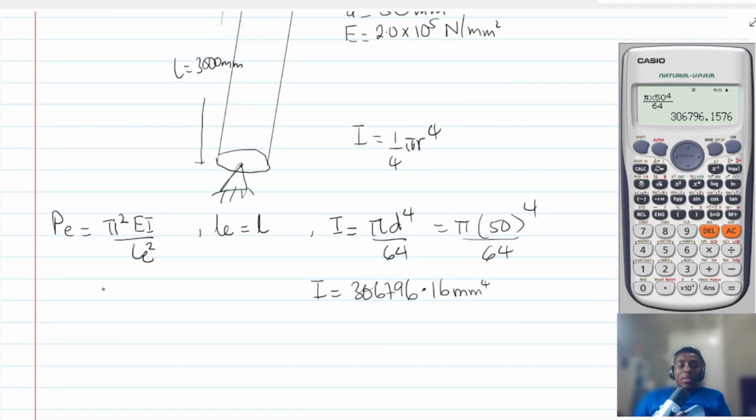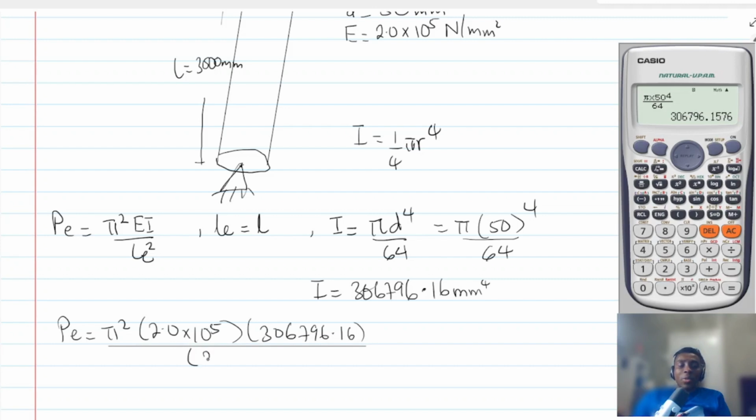All right, so then simply put, our Euler load for this problem is pi squared times E, which is 2.0 times 10 to the power 5, times I, which is 306,796.16, and then I will divide the whole of this by the effective length, which is the same as the length, 3000 millimeters, that is 3 meters, squared.